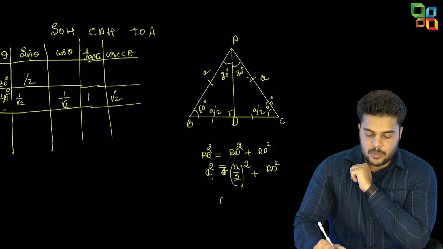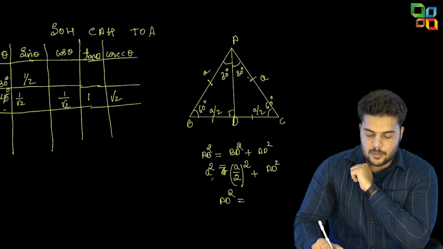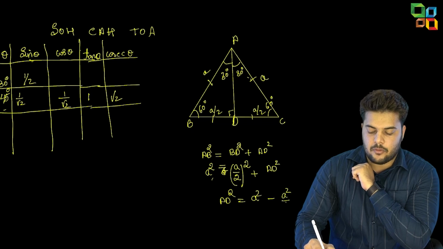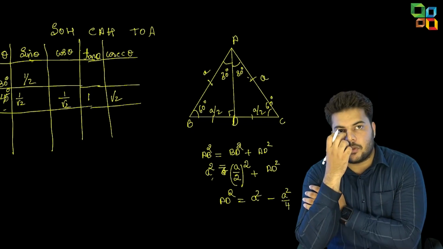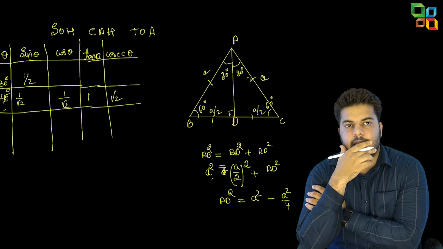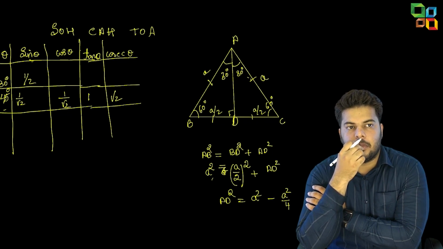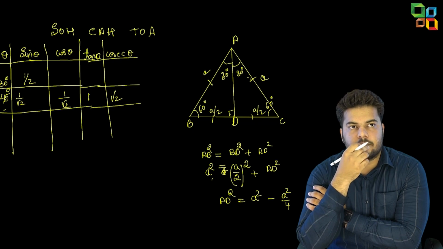So what does this come out to be? AD square comes out to be A square minus A square by 4. I hope you understand why it's A square by 4. A by 2 the whole square, so A square divided by 2 square.